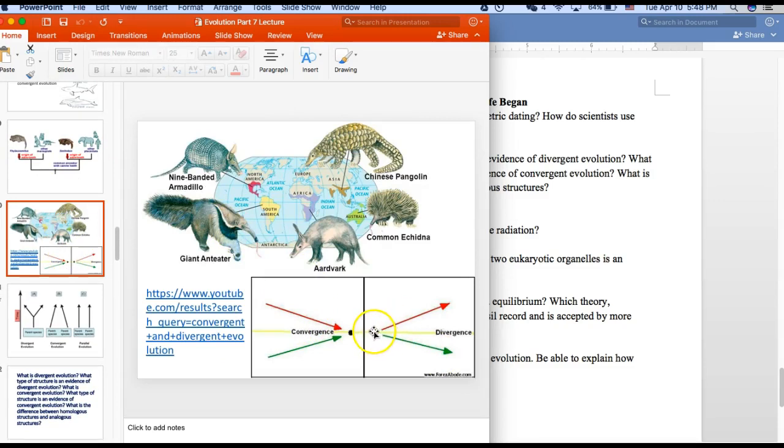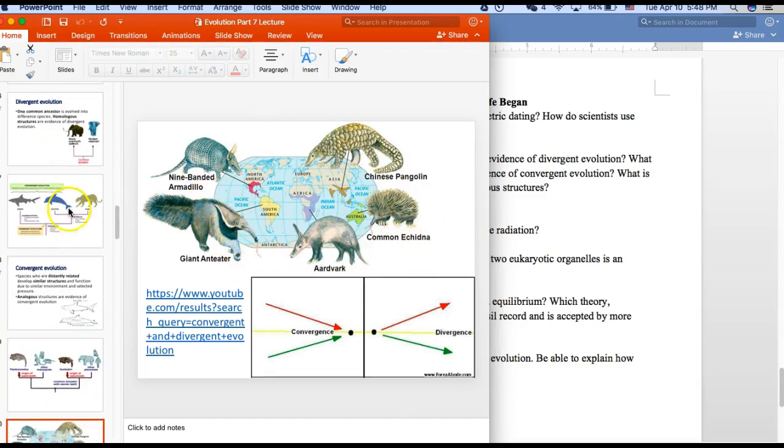Divergent evolution is when you have a common ancestor and two species are formed from the same common ancestor. These two species will have certain bone structures and DNA that are similar to each other as well as the common ancestor. So for example, all of these different species came from the same common ancestor.